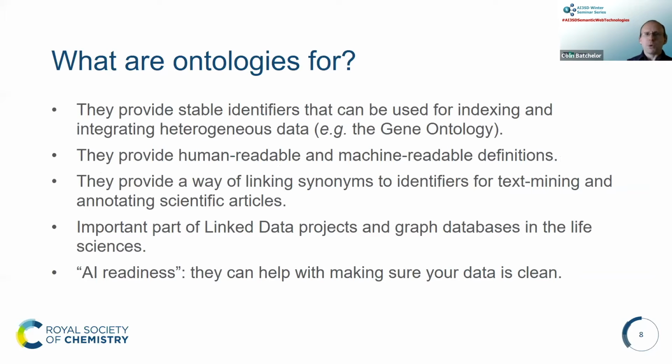So what are they for? Sammy has dealt with this already, but I'll give my own take on it based on my own experience. They provide stable identifiers for classes of thing that can be used for indexing or for integrating different sorts of data.